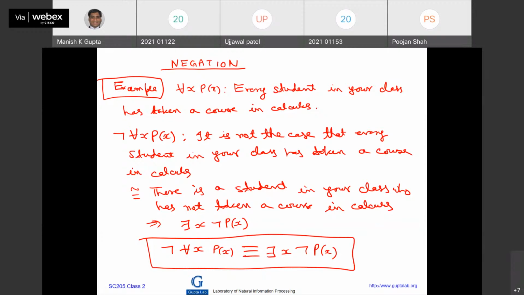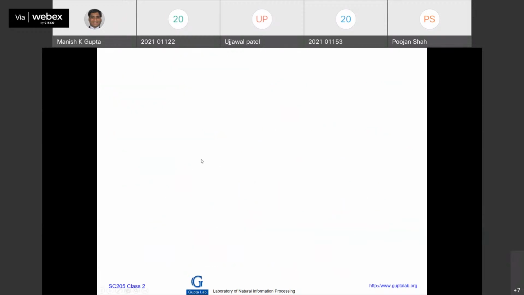So this is a negation of a quantifier. This was a universal quantifier. This is the same thing as there exists x such that negation of P(x) holds. It's a very simple thing. So I can summarize some of these things in a kind of table, and those things are known as De Morgan's laws for quantifiers.